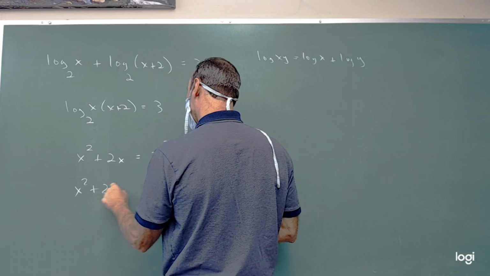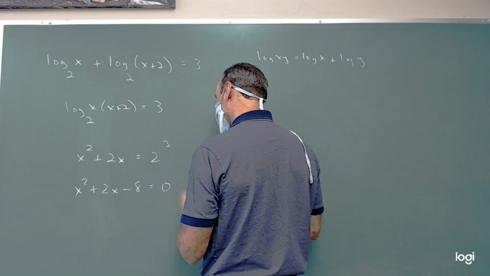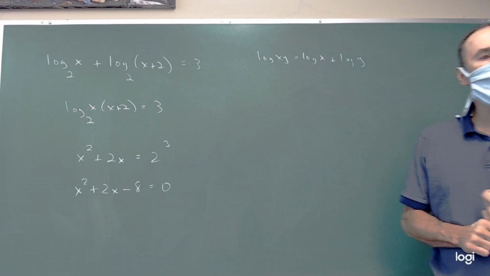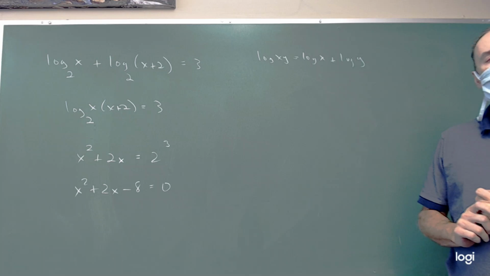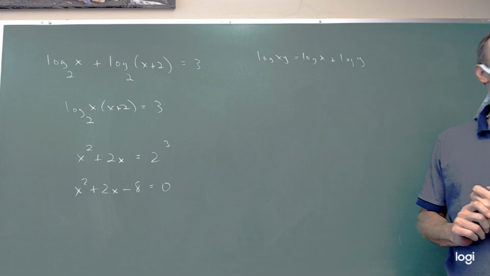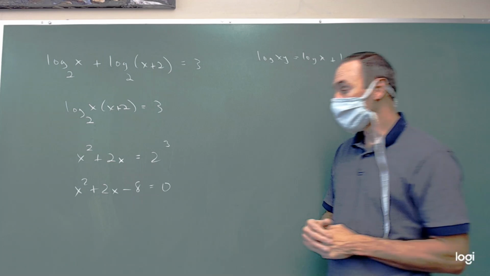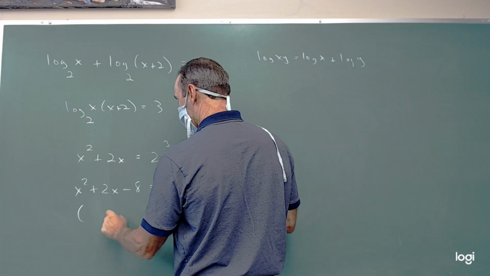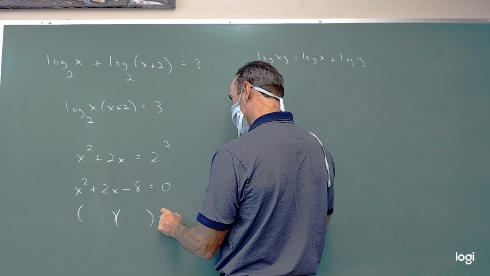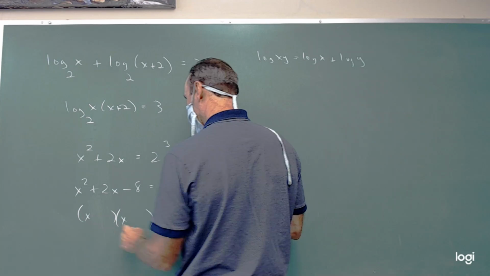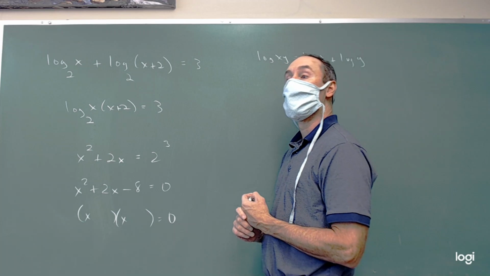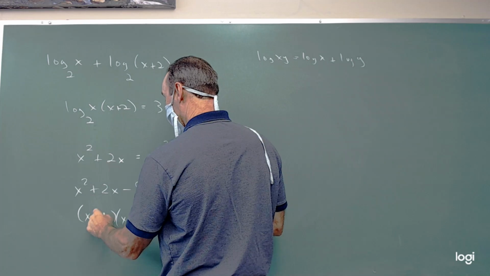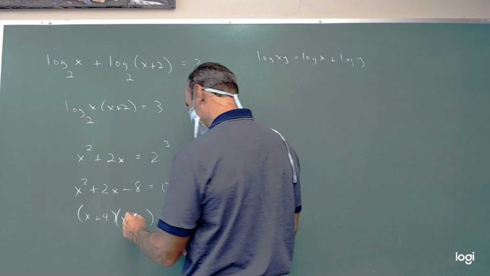You with me there? And we know 2 to the third is 8. To solve a quadratic, we want to make it equal to 0, so we'll subtract that 8 to the other side. Then we can do our factoring magic, which gives x plus 4 and x minus 2.